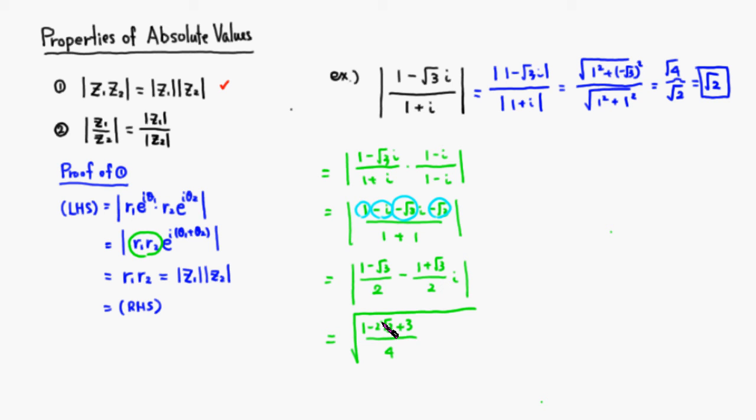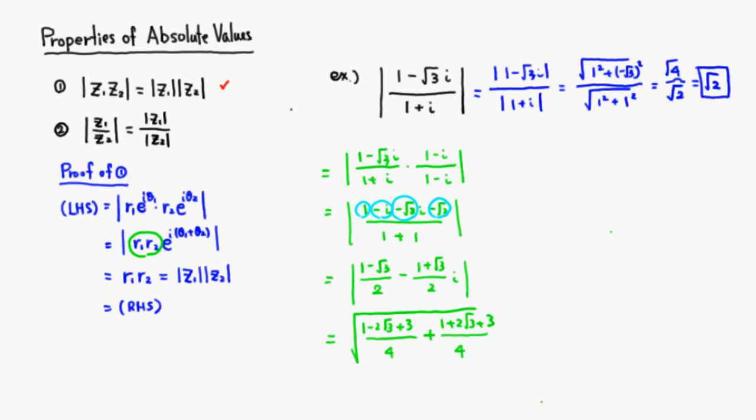Right, and this guy's square would be negative sign, it's going to be positive, so 2 squared would be 4, and then 1 plus square root of 3 squared would be 1 plus 2 square root of 3 plus 3. Right, so we have that.